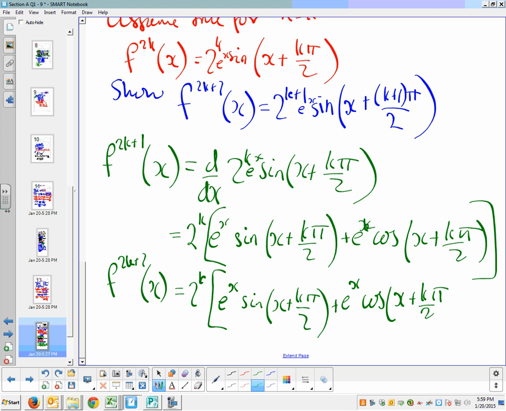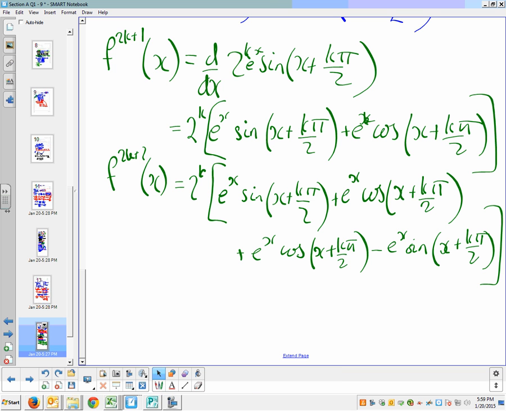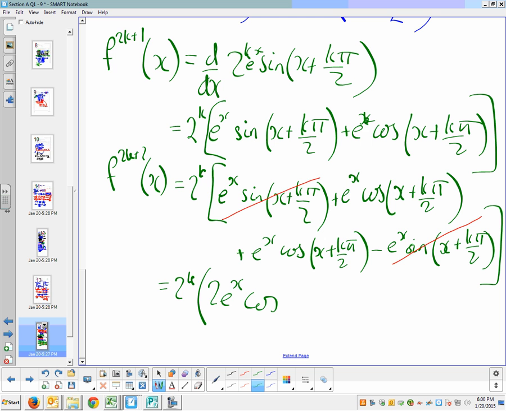That's differentiating the sine bits, plus e to the x cos x plus k pi over 2 minus e to the x sine x plus k pi over 2. Once again, these cancel, and we're left with 2 to the k times 2 e to the x cos x plus k pi over 2.